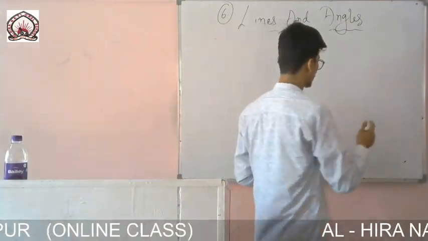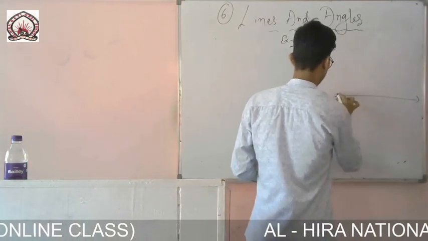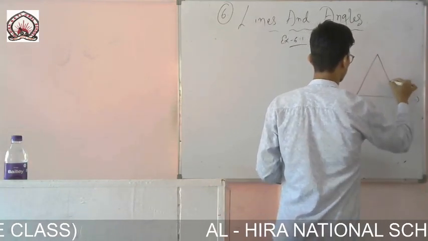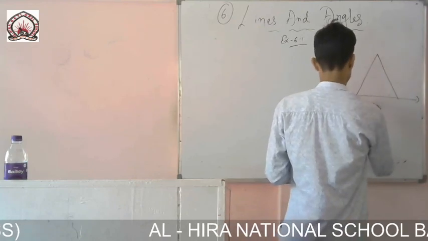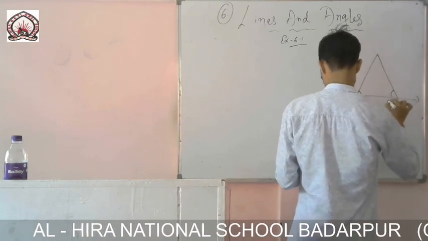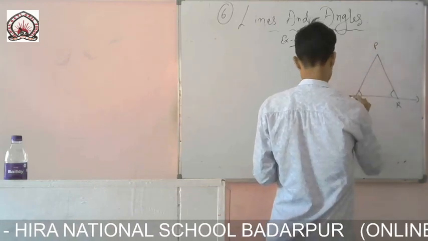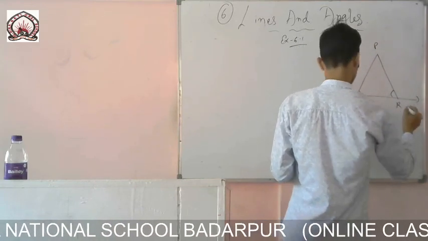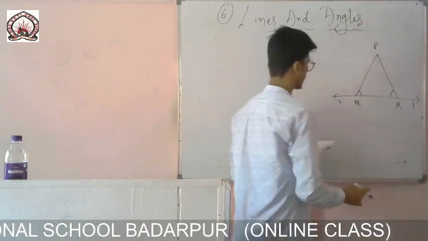Let me draw the figure. QR, these two angles are given equal. There it is P, there it is S, there it is T. Okay.